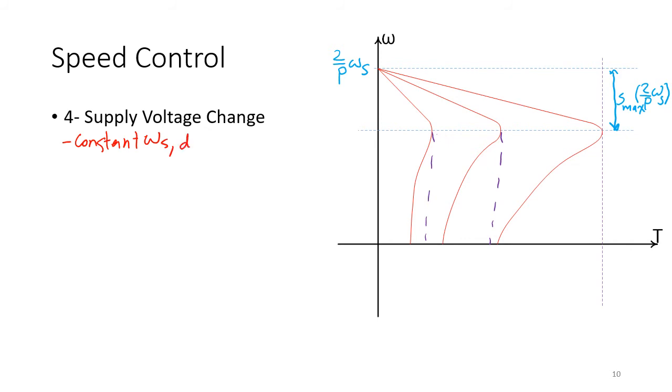but we are decreasing VS. As a result, ES over omega S always remains smaller than omega S max, so there is no danger of saturation.